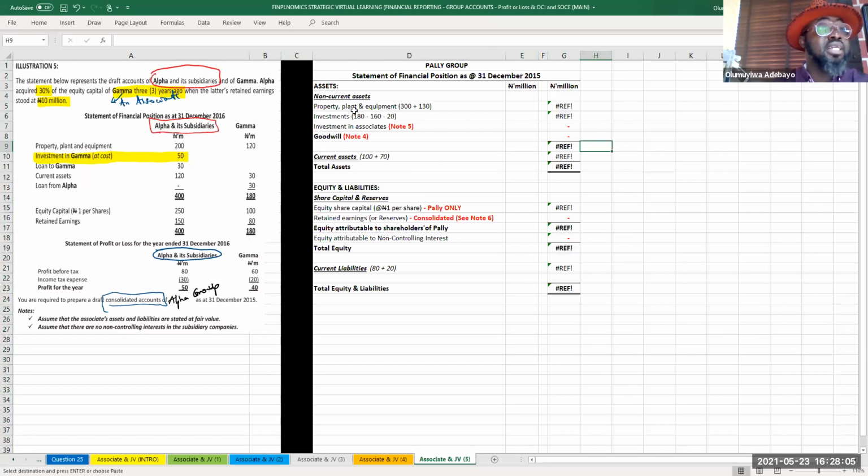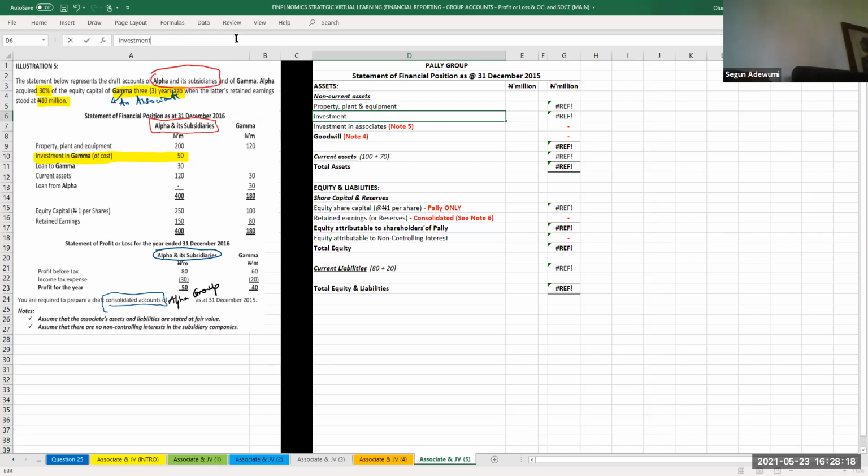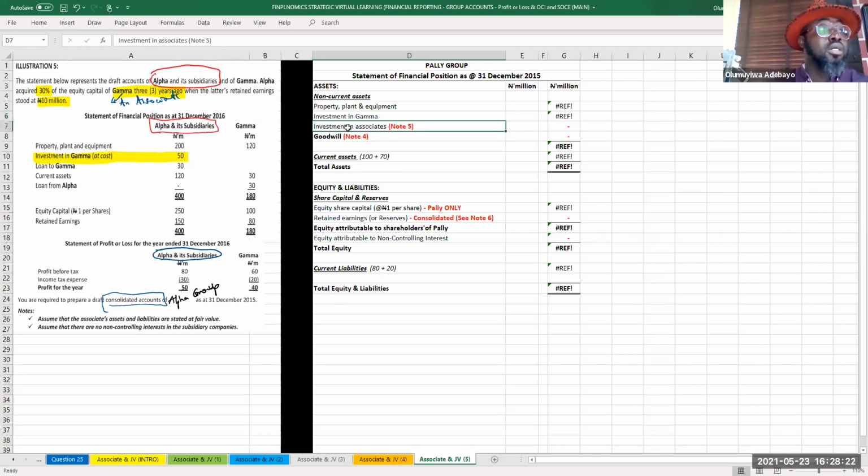Okay, what information do I need here? Property, plant, and equipment. Investment in Gamma. There's a long-term loan to Gamma.